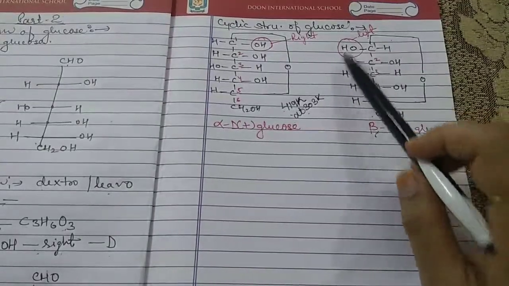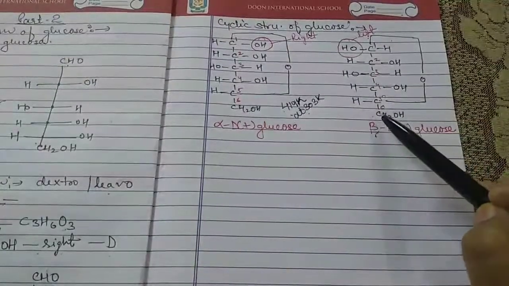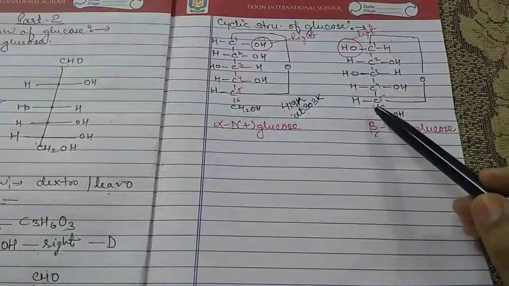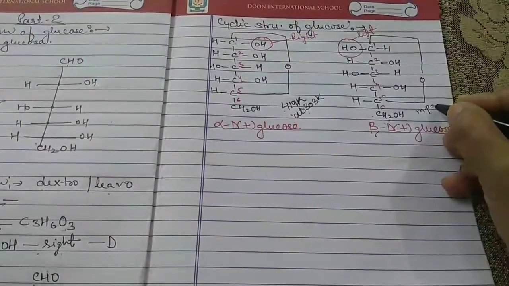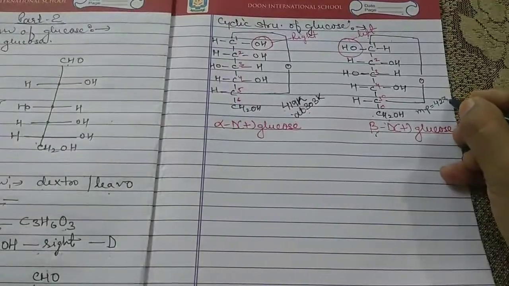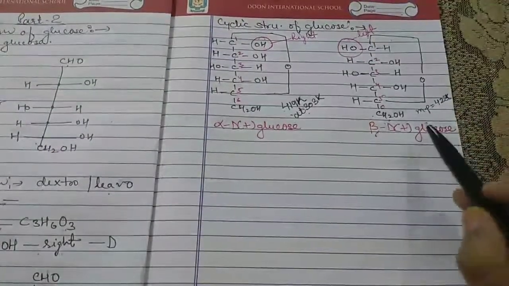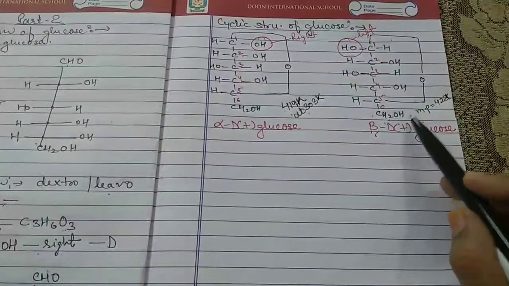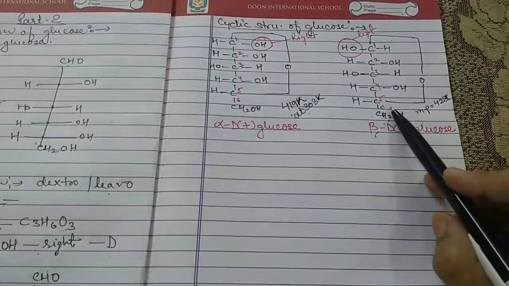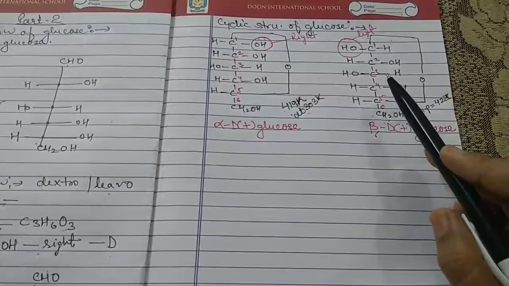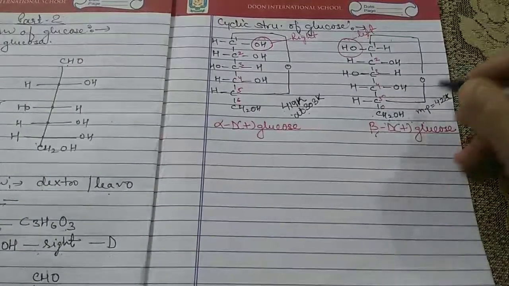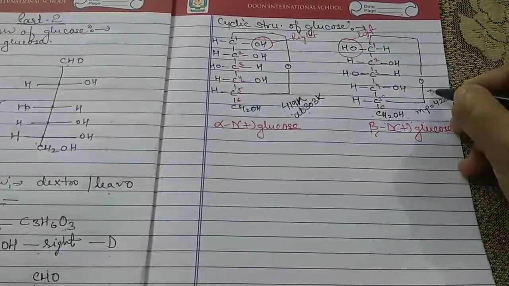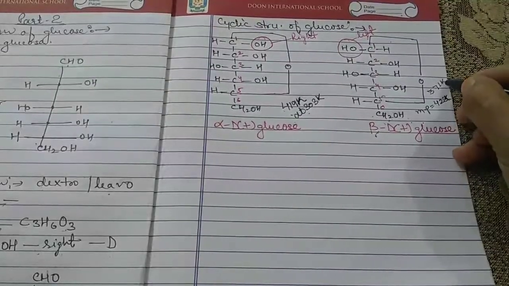Whereas the beta form has a melting point of 423 Kelvin and is obtained by crystallization from a hot and saturated aqueous solution of glucose, at a temperature of 371 Kelvin.